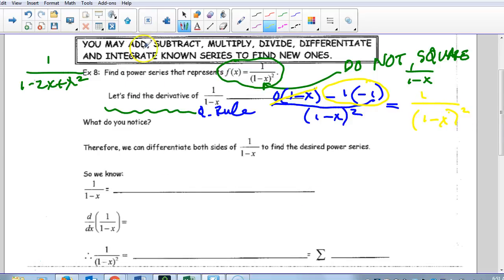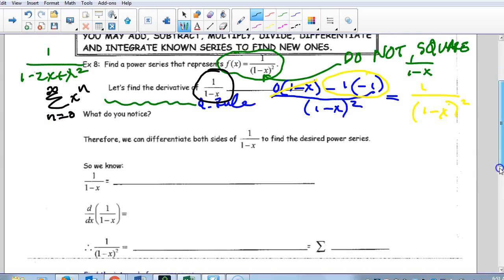So what that suggests is if I take the original series that I know, which remember is the sum of x to the n as n goes from 0 to infinity, and I differentiate it, well, then I'm going to get the series that I want. So here's what we know. So let me pull this down.